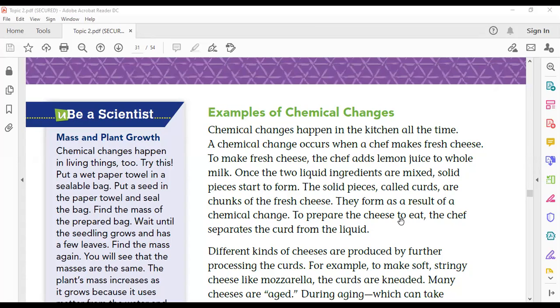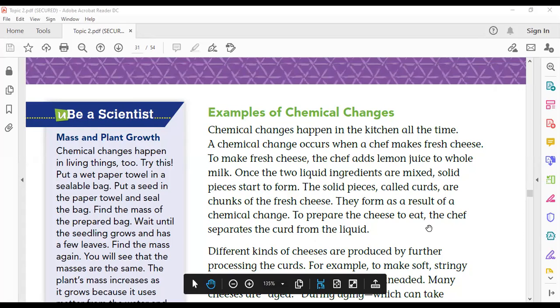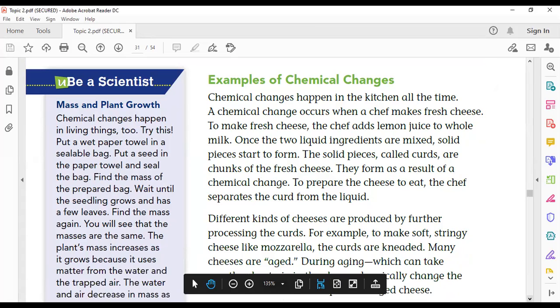To prepare the cheese to eat, the chef separates the curd from the liquid. So this is just an example of a chemical change. Also, there are other chemical changes in the kitchen, like making a pizza, baking a cake, baking bread. All of these are chemical changes that happen in the kitchen.